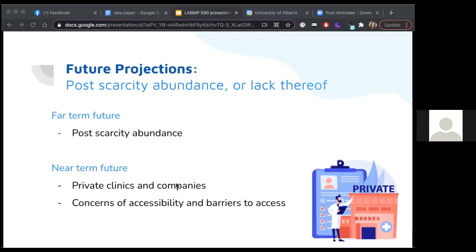However, privatization does raise numerous concerns of accessibility for individuals of lower socioeconomic status and classes, especially in countries where universal healthcare is lacking. Currently, differential access to healthcare based on gender, income, and ethnicity is a prominent issue in healthcare systems.